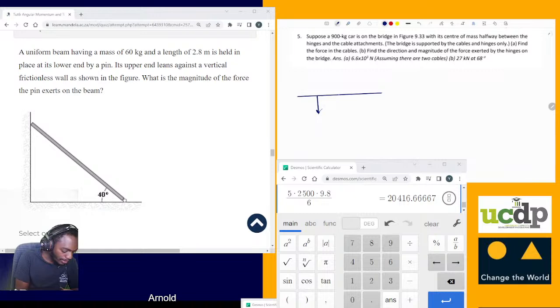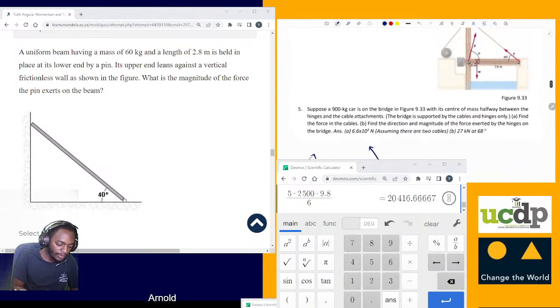We've got the car at the center. So this is the weight of the bridge. This is the weight of the car. And here we've got a force going that way, and here we also have a force at that point. We're given the angle here is 40 degrees, and here the angle is theta, which is unknown. This is force F. This is tension T.